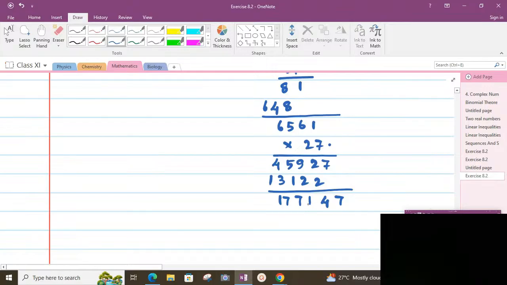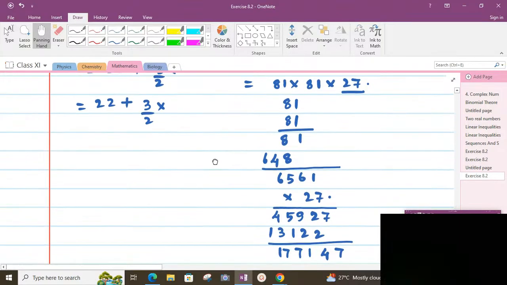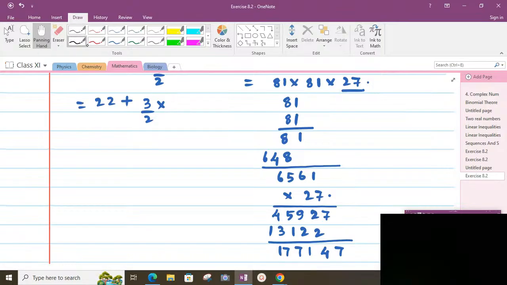Now we write it here: units, tens, hundreds, thousands, ten thousands, lakhs: 17,71,047, that is 177147. So here it will be equal to 22 plus 3 by 2 into, let's see, 177147 minus 1.